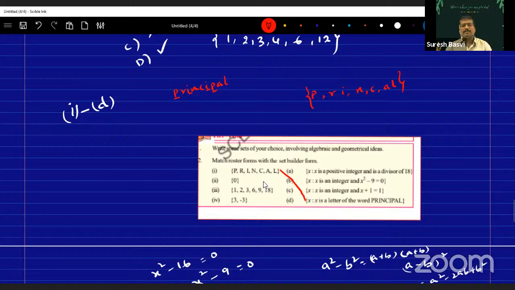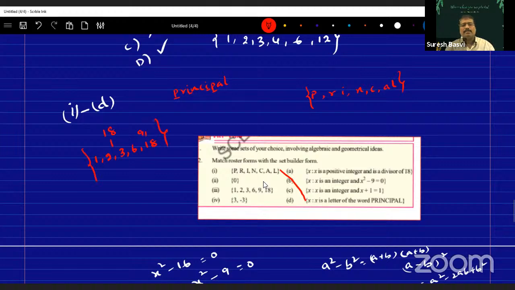So now I am going to write this first. Consider x is a positive integer and is a divisor of 18. The divisors of 18 are 1, 2, 3, 6, and also 9, and 18.